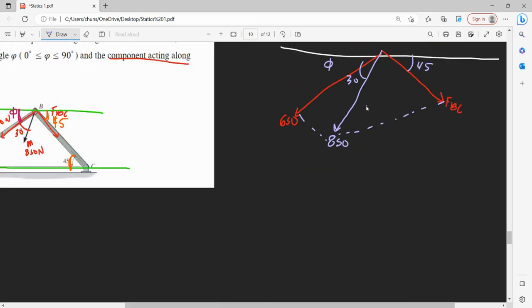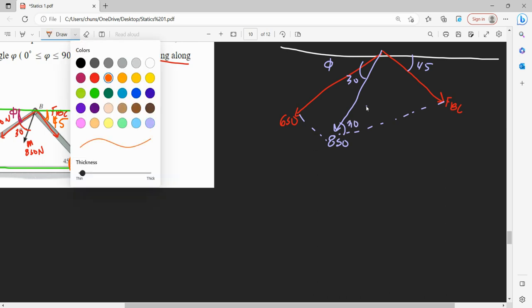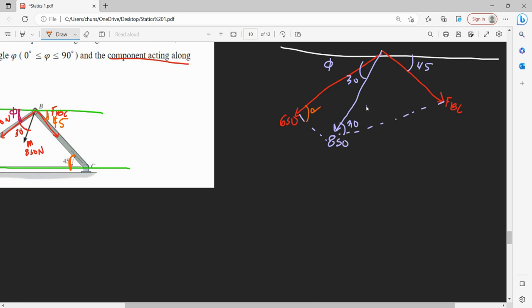Sorry it's so poorly drawn, but because this angle is 30, this angle is also 30, which means we have two unknown angles of alpha and beta.